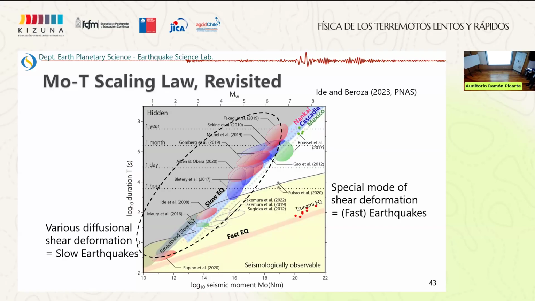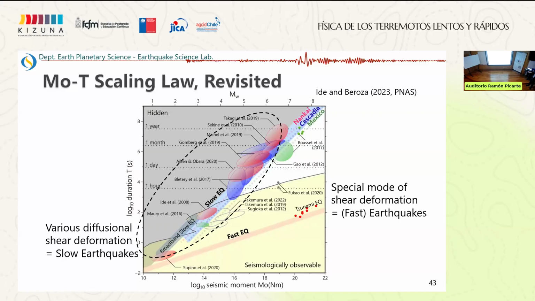This is also a very important point. In this diagram, it's actually not easy to define what an event is, but the minimum duration of slow slip acceleration is about several hours, 2 to 3 hours.